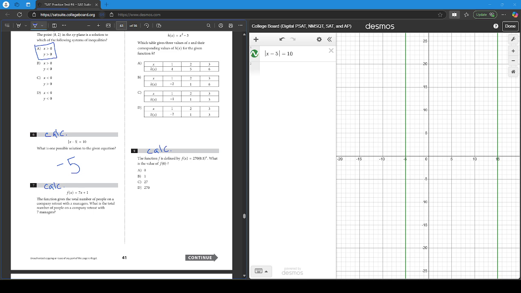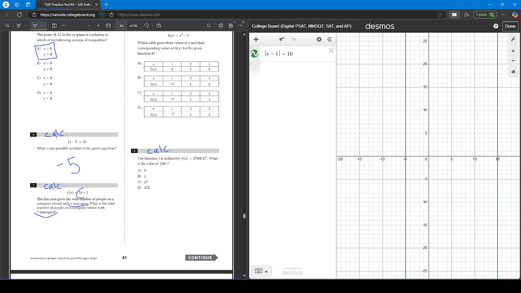And then next we have question number 7. The function gives the total number of people on a company retreat with x amount of managers. What is the total number of people on a company retreat with 7 managers? Well, there's 7 managers and the managers are x.